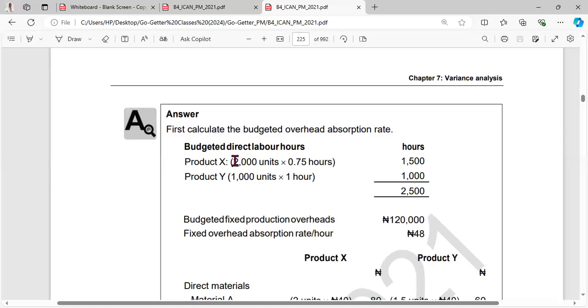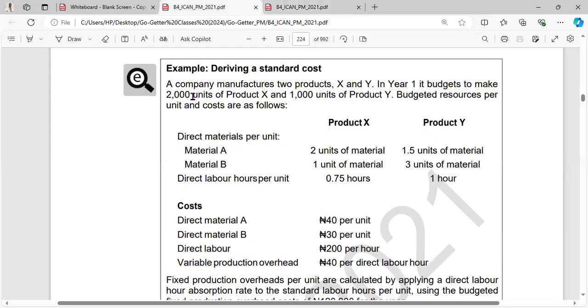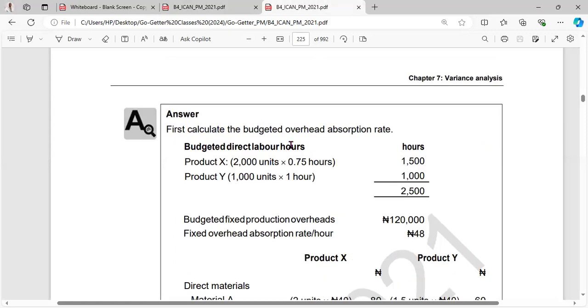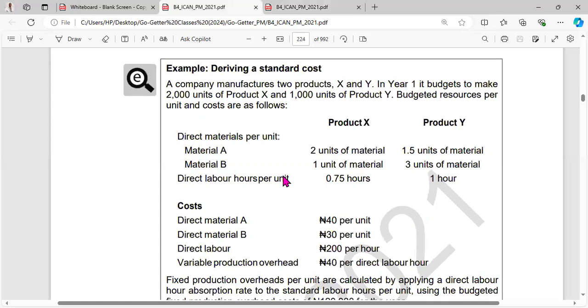Product X, 2,000 units. We need 0.75 hours of direct labor per unit. So for 1 unit, you need 0.75 hours.